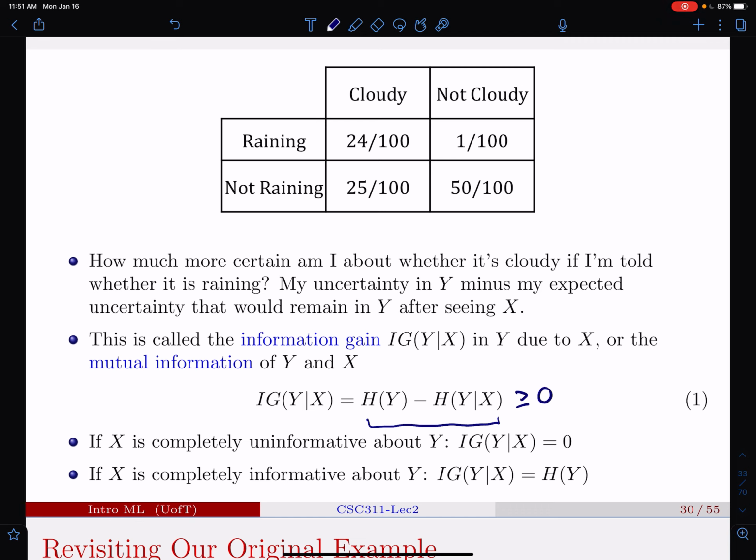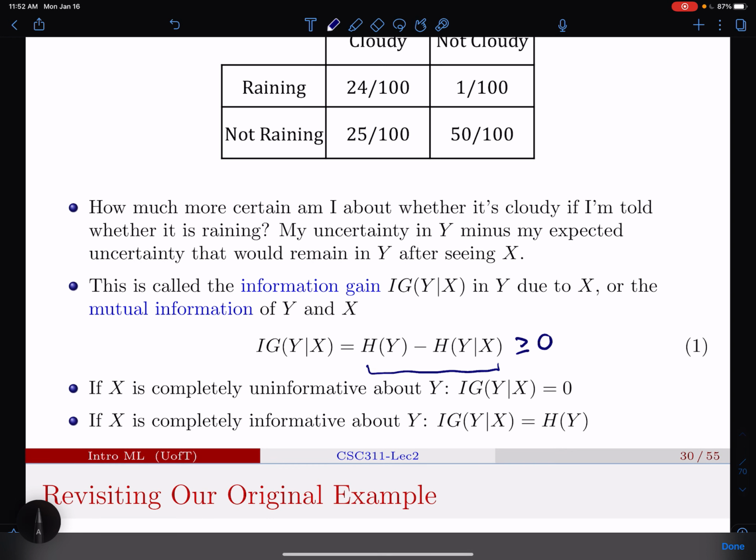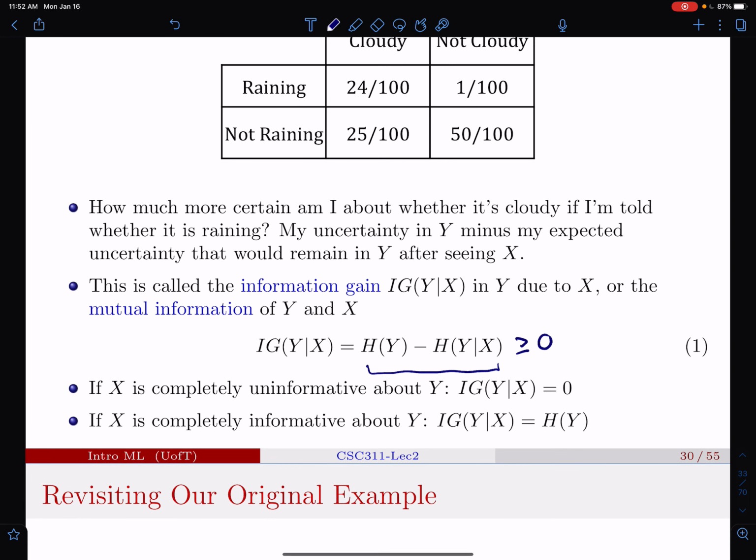Completely uninformative means that you don't gain any new information from the variable. Completely informative means... Wait, let's just write this out to be clear. So, are you worried about the second case or the first case? The second case. Yeah, okay.